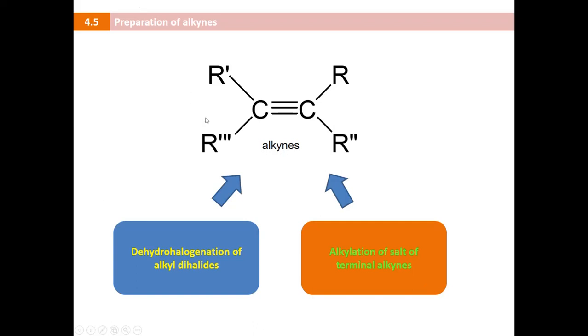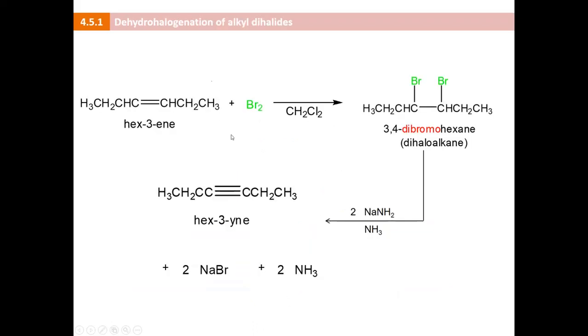So the preparation of alkyne involves two parts, which are dehydrohalogenation of alkyl dihalide and alkylation of the salt of terminal alkyne. So basically this is the dehydrohalogenation of alkyl dihalide.